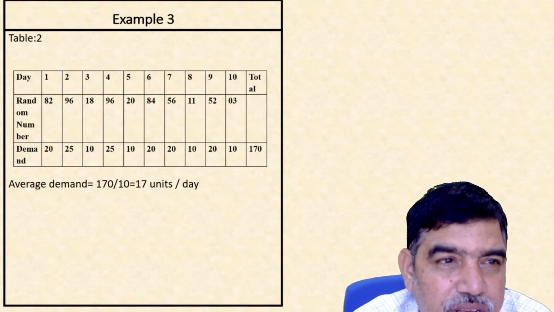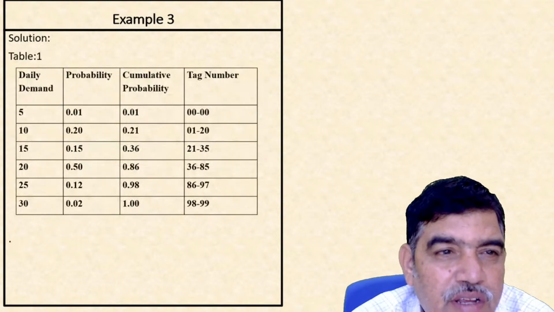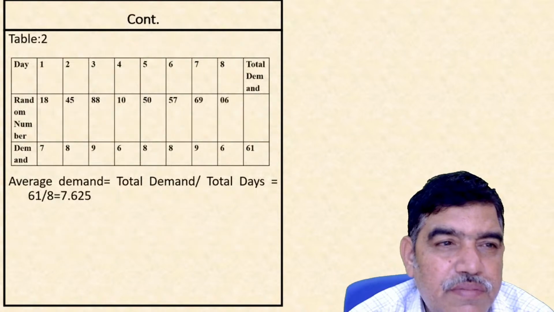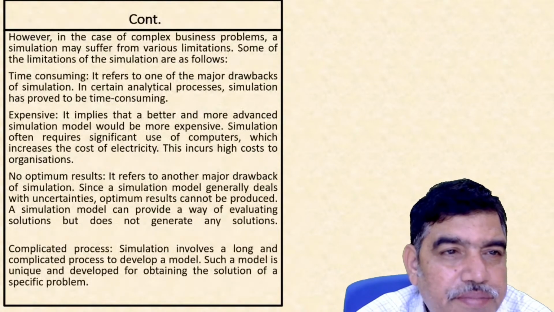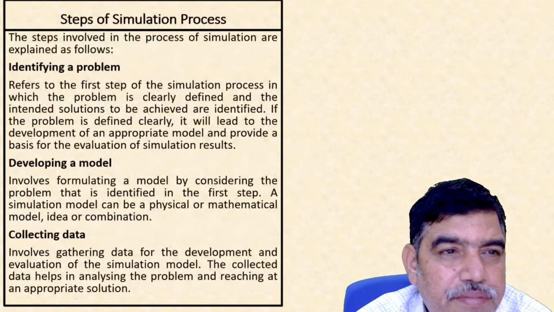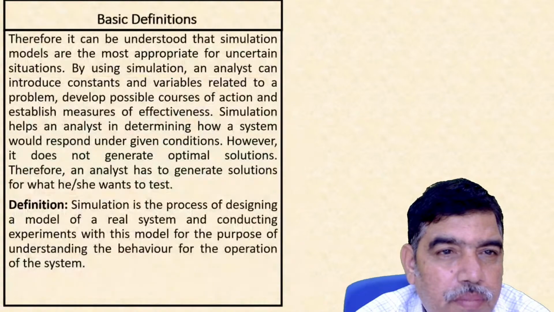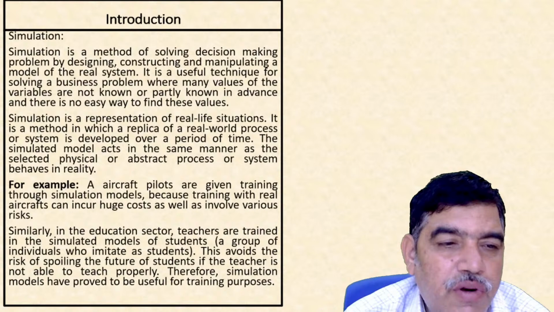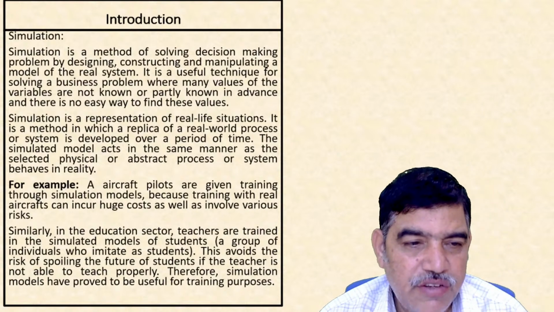So in this way we simulate 3 examples on the basis of past data. Now I am summarizing today's class. In today's class, we learned what simulation actually is and where it is used.